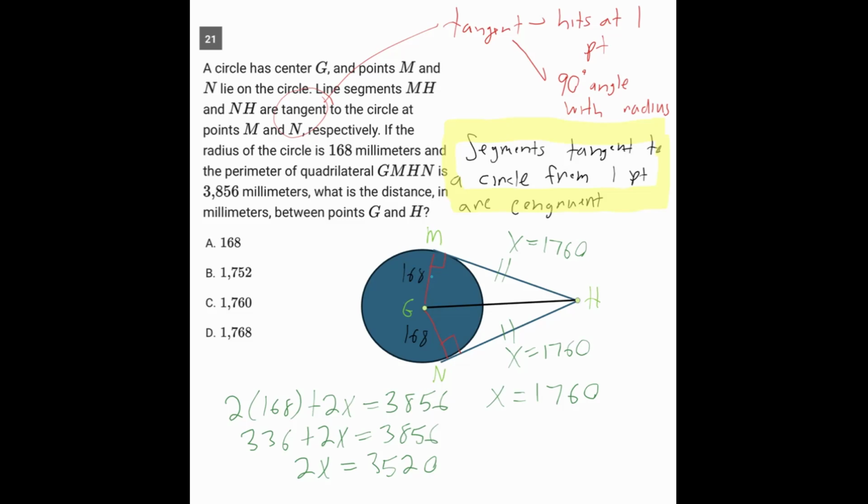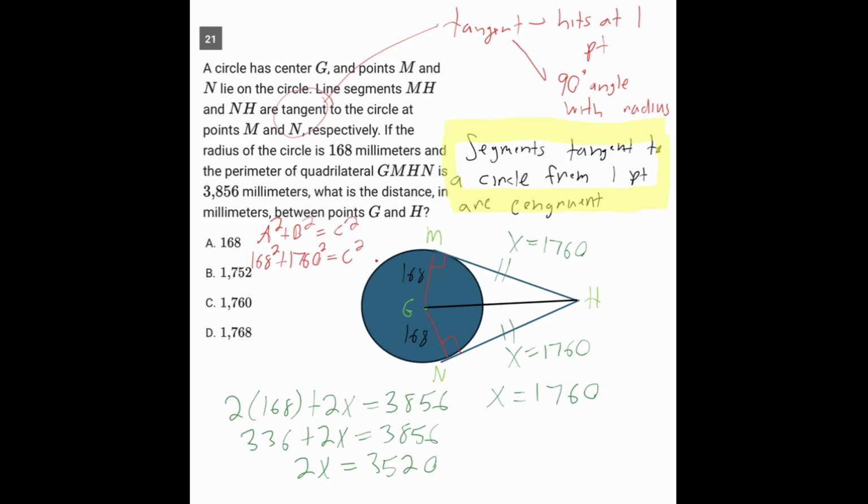And because we know that tangents form right angles with the radius, we have two right triangles. And GH is the hypotenuse. So if we throw that into the Pythagorean theorem, a squared plus b squared equals c squared, we've got our a and b, which are 168 and 1,760.